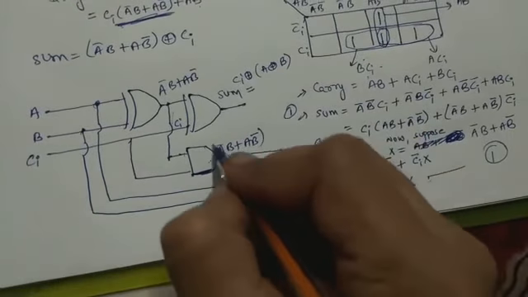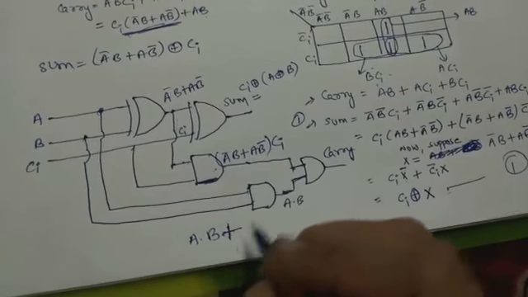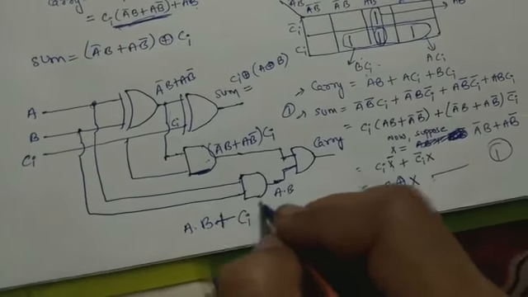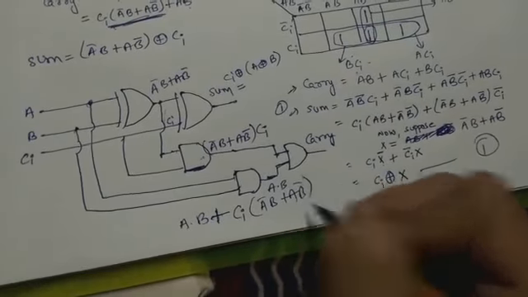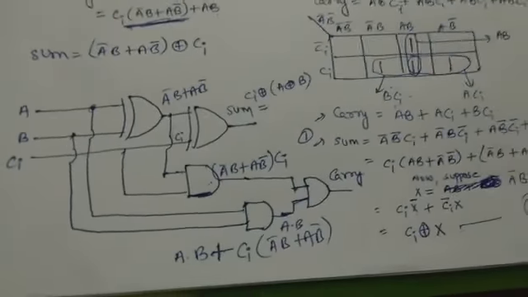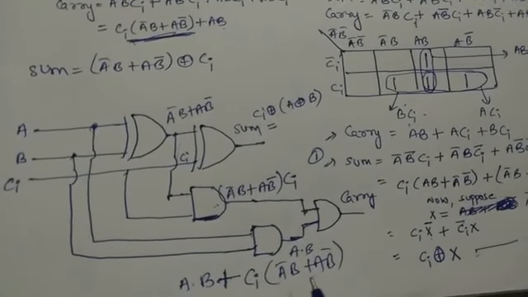So this is getting multiplied with CI, and these two added. So this is AB plus CI into A bar B plus AB bar.